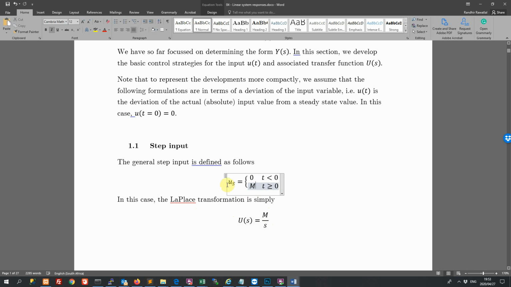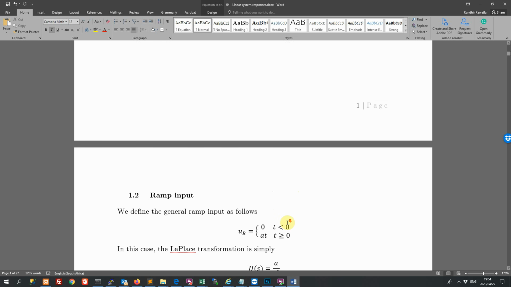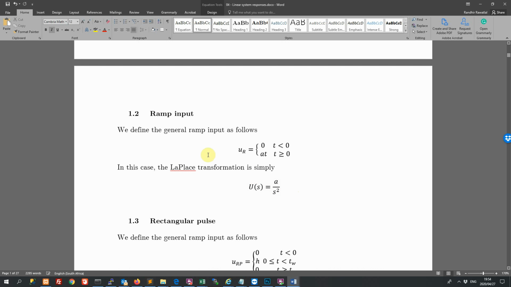And in fact, we did identically this example in our Laplace transformation exercises. So we've already seen this transformation. We've done this integration. Please refer back to the second lecture in the series to find the derivation for this. In a similar way, we had considered also the ramp input.